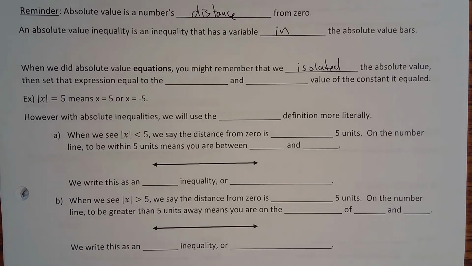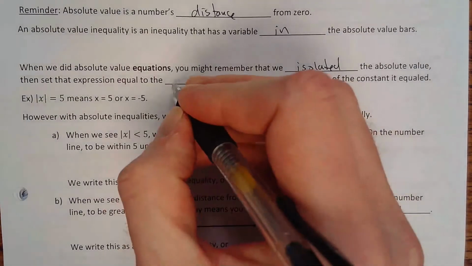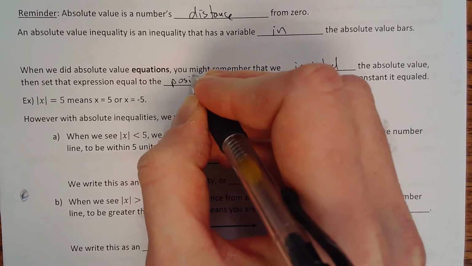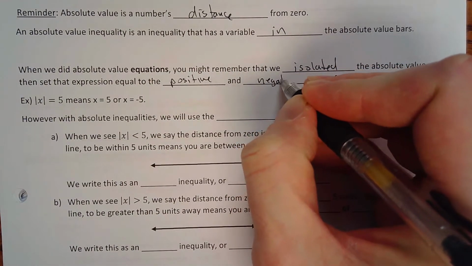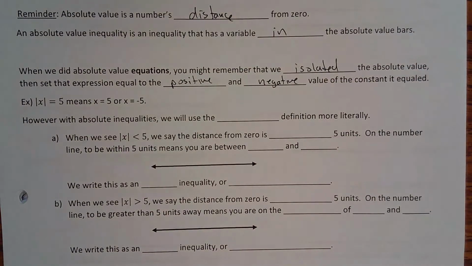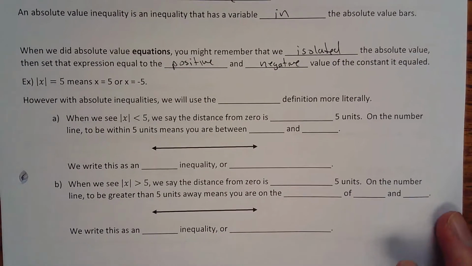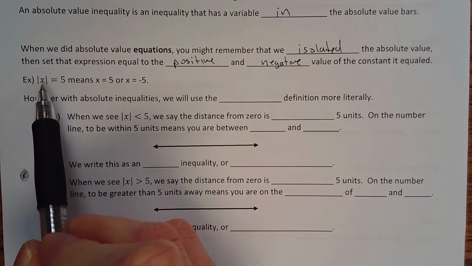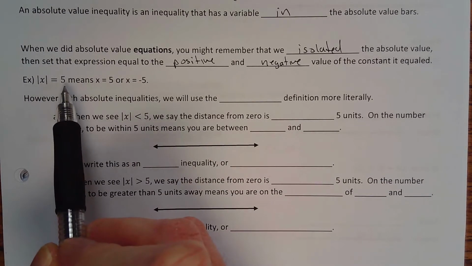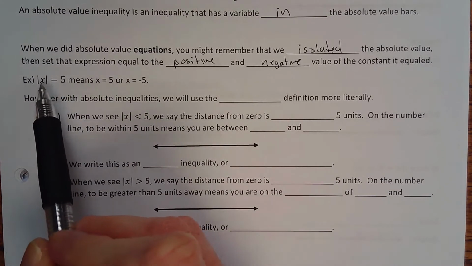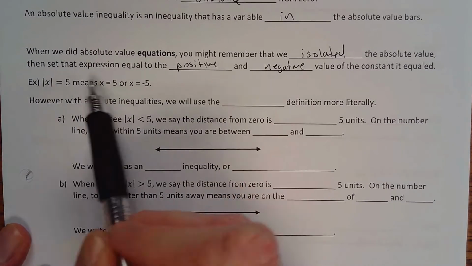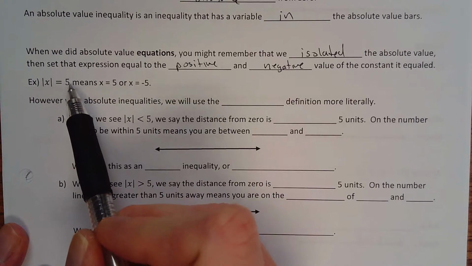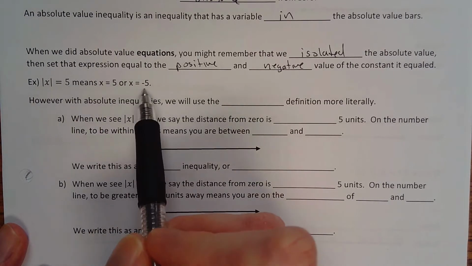So then we set that expression equal to the positive and negative value of the constant that it equaled. So a very simple example, when you have the absolute value of x equals 5, well, the absolute value bars are by themselves already. So we take the expression inside, x, and we set it equal to positive 5 and to negative 5.